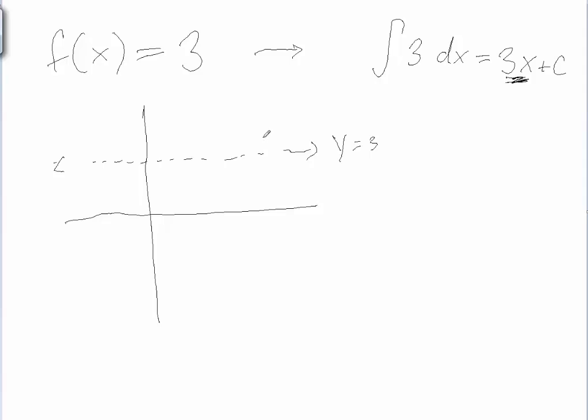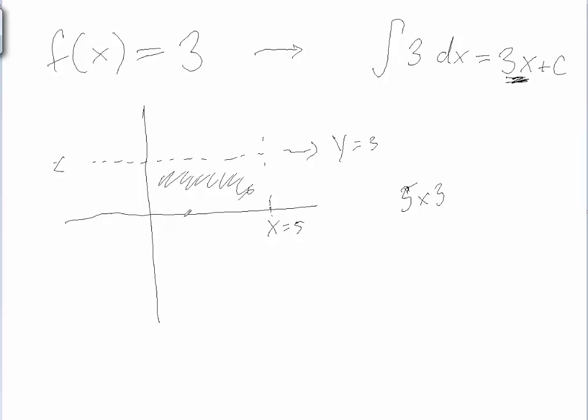So let's say we take the value x equals 5. If we find this area in here, this shaded area, what's the area? Well, it's length times width. It's just a rectangle, so we've got 5 times 3.